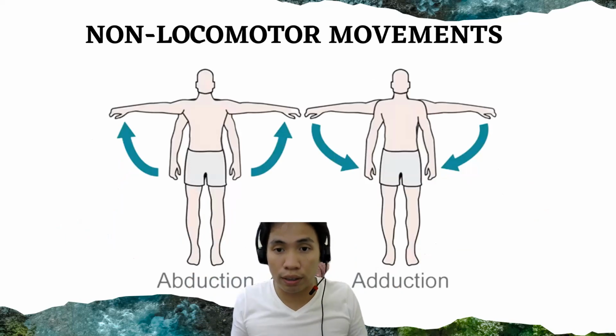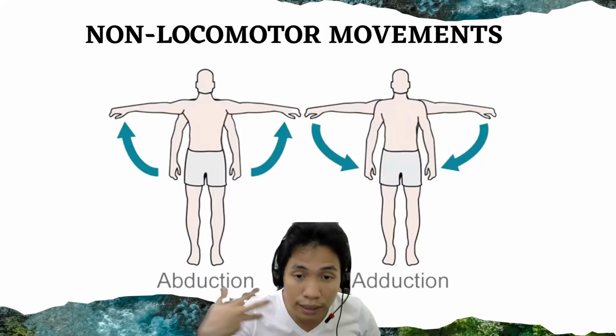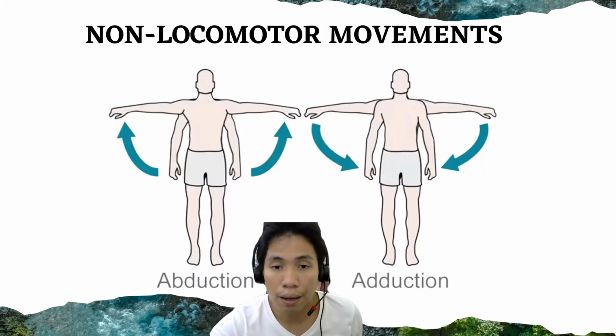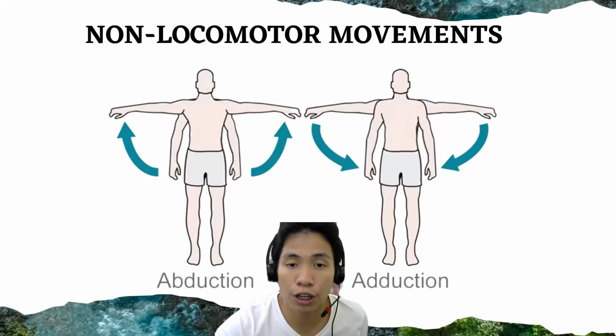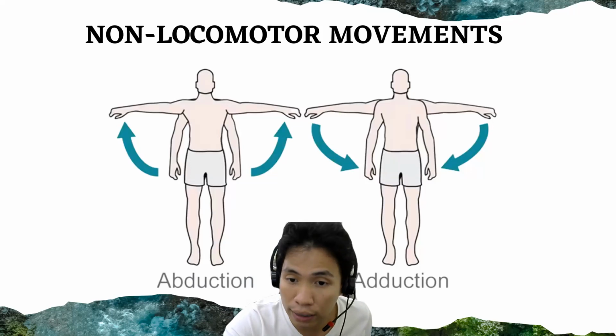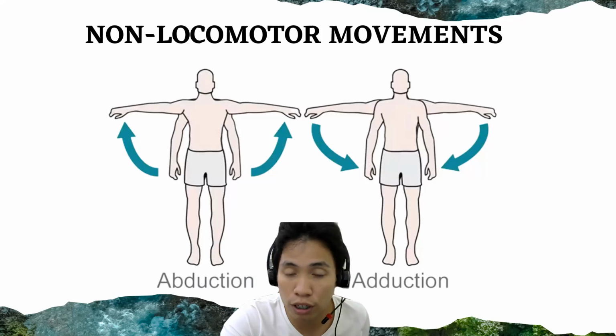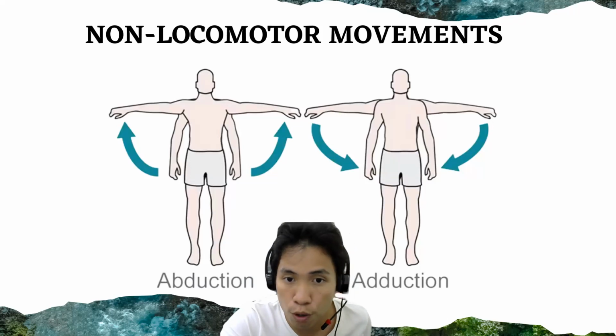As you can obviously see, you are not moving your feet, which means it is non-locomotor, since your feet or your base stay on a fixed base. You are not moving your feet, rather only your bodies. So that is for non-locomotor movements.